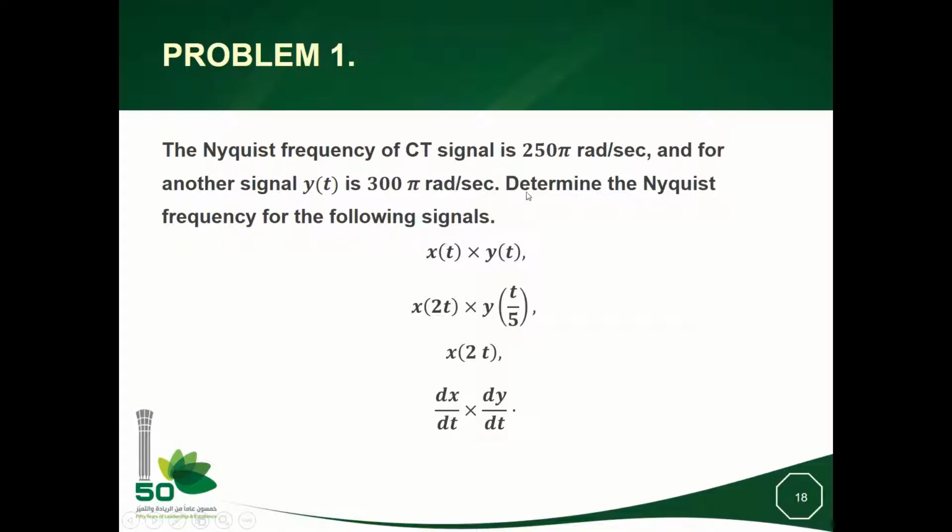We are asking for the Nyquist frequency for the following signals: a multiplication of x(t) times y(t), a multiplication of x(2t) by y(t/5), and at the end the multiplication of the first derivative of x and y with respect to time.